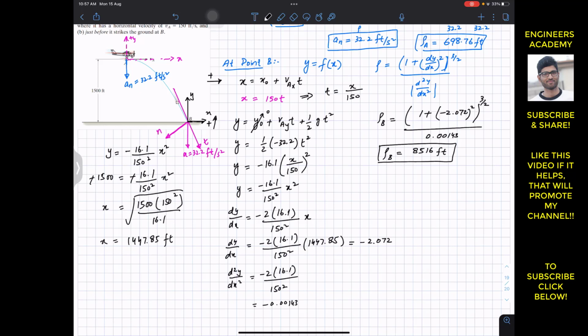So this dy by dx gives us the equation of the tangent to the curve, right? So dy by dx is the equation of this tangential axis to the curve, and the value of dy by dx at x equals to 1447.85 is the slope of this tangential axis.